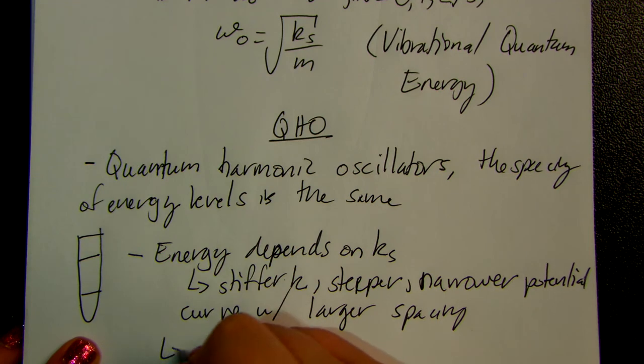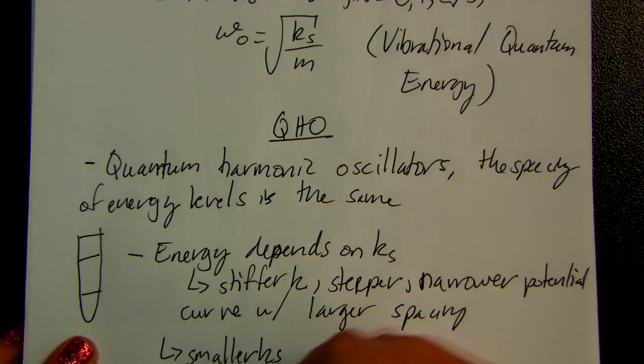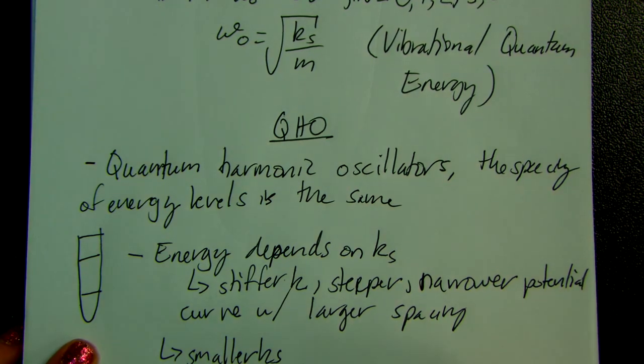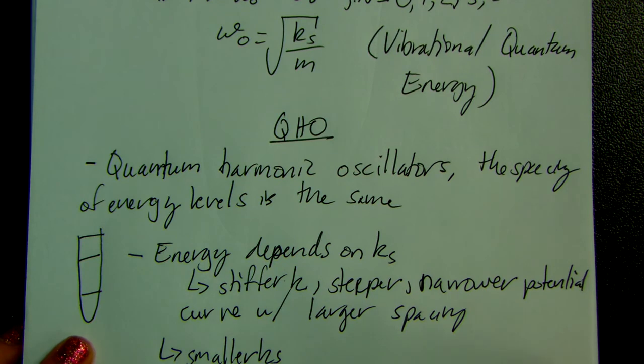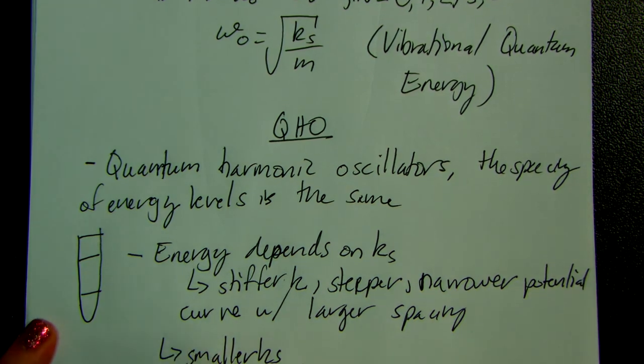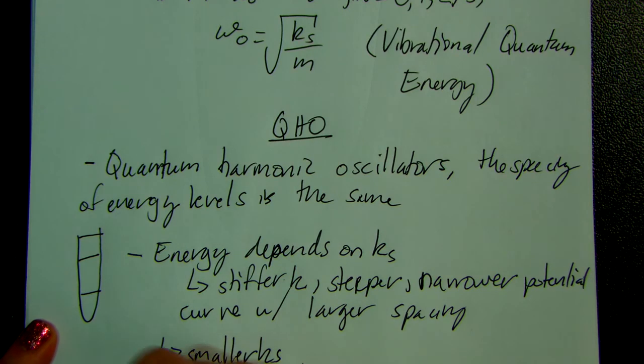If you've got a smaller K, you get a shallower, wider curve with closer spacing. Like that.